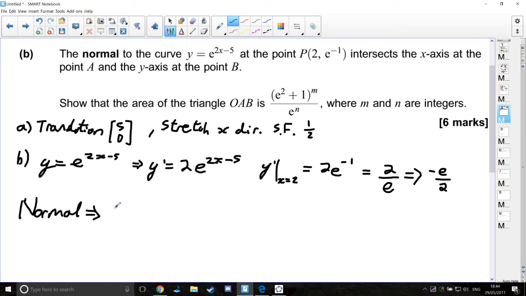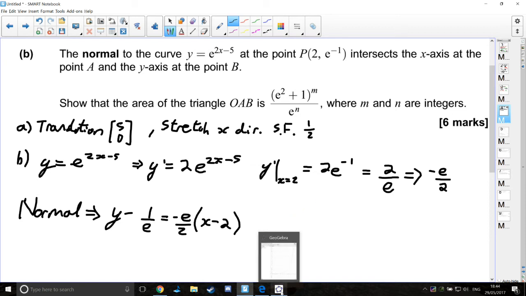So we end up with y minus e to the minus 1, or 1 over e, equal to negative e over 2 times (x minus 2). Okay, so that's our normal. Let's write it in.